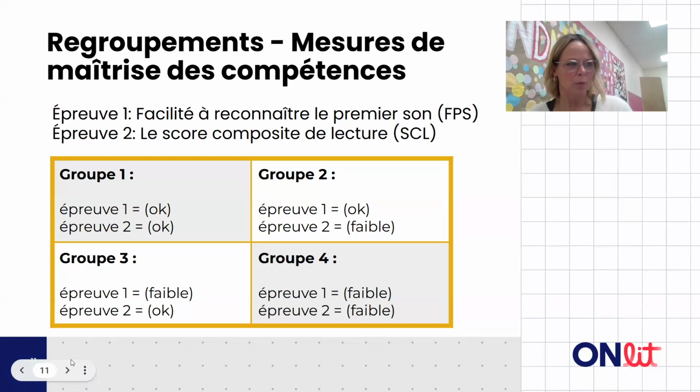When we're looking at group 1, those students are okay in both of those skill sets. So that is really just looking at maintaining that strong tier 1 core instruction. Group 2, they're doing okay with their first sound recognition, but their overall score needs support. Group 3, their first sound awareness requires support, but their composite score is okay. And group 4, both of those areas require additional support.